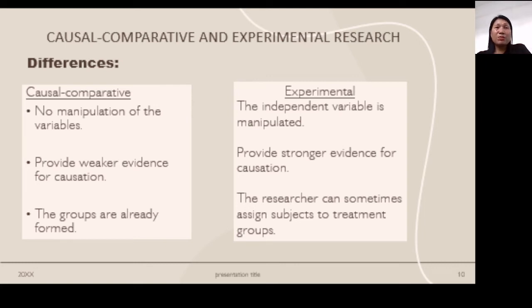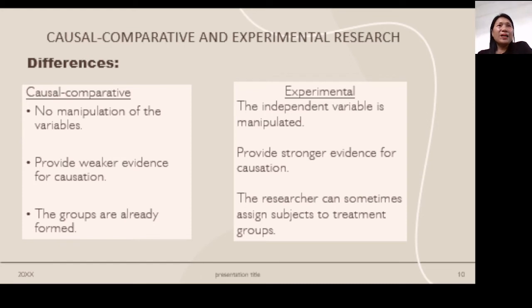It might be that there are other variables causing the effect. While in the experimental, you are studying the variables, and you can be sure that the relationship of these variables may cause the effect.